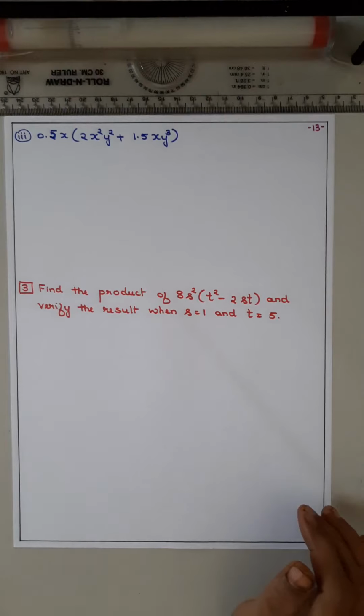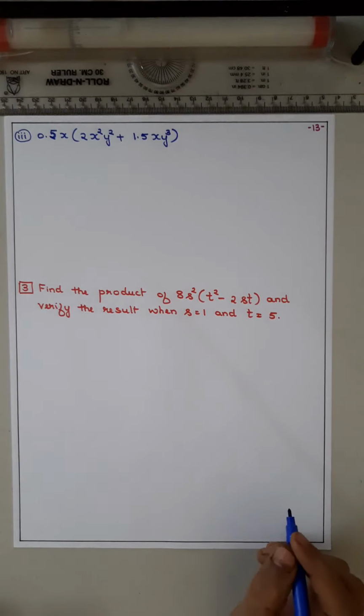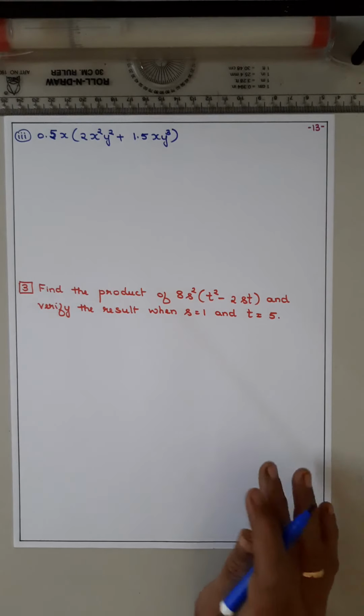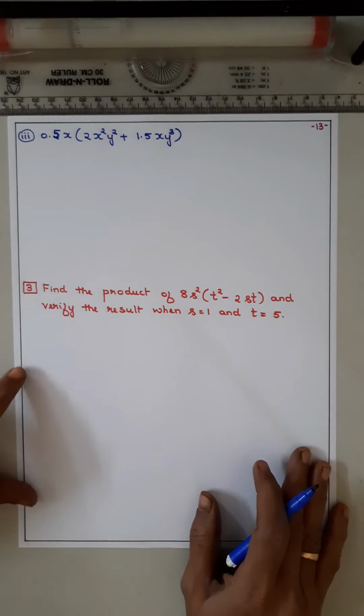Now coming to the question number 3. 0.5x bracket open 2x squared y squared plus 1.5 xy cube. Isn't it?